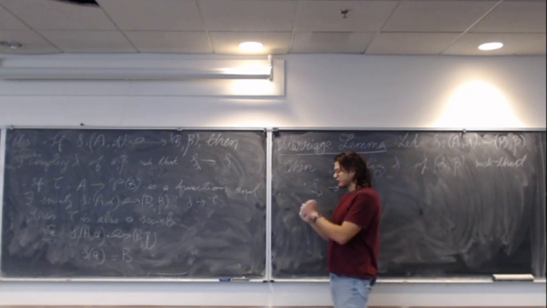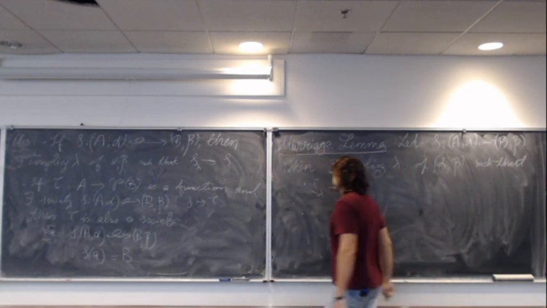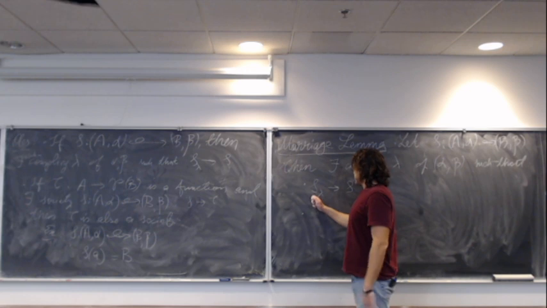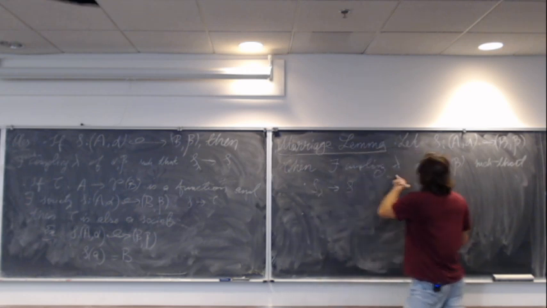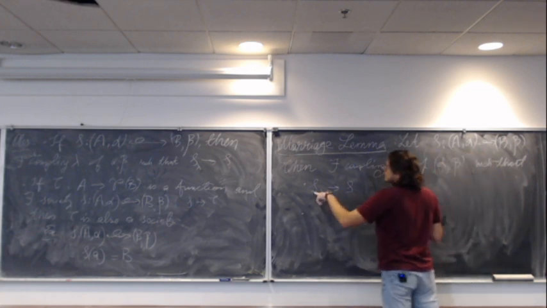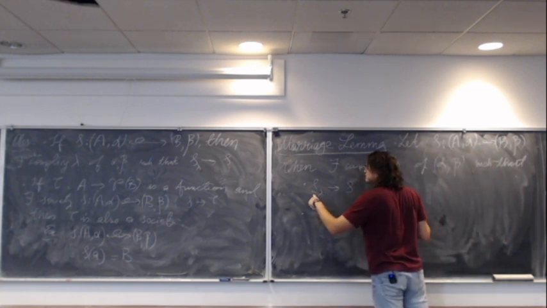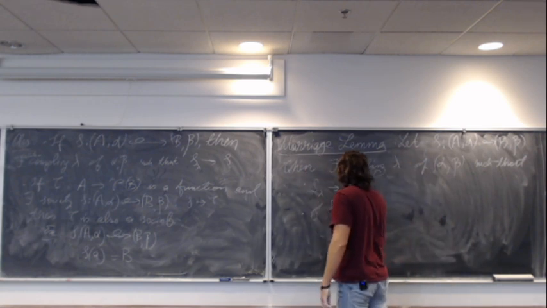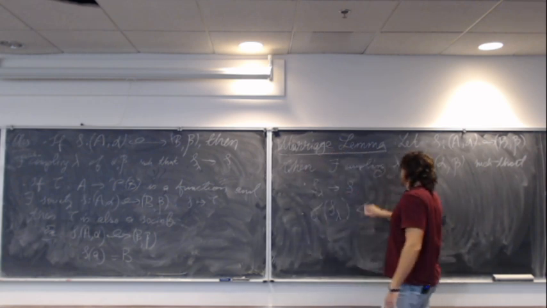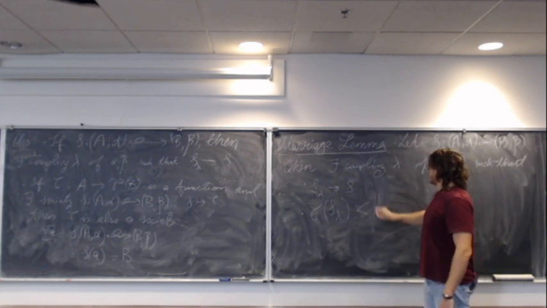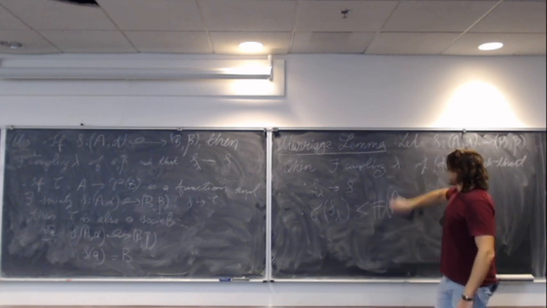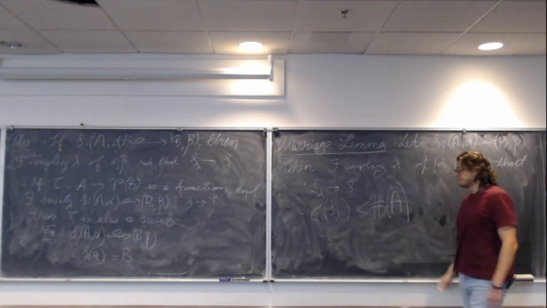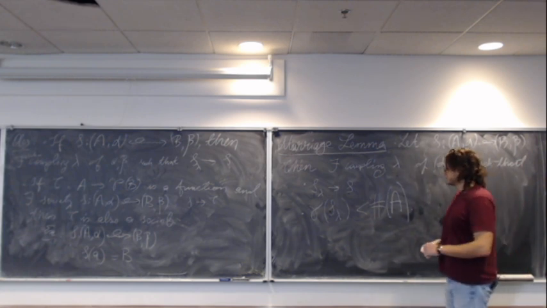So there is some sort of choice involved there, and that's why it's not unique. S sub lambda, okay, then there's a coupling lambda of alpha and beta such that the society defined by this coupling lambda refines S, and its collision number is bounded by the number of elements in A.